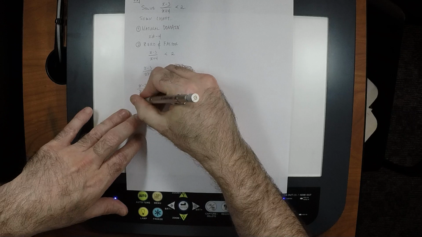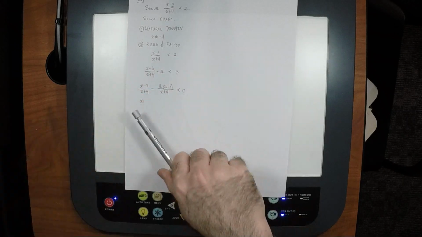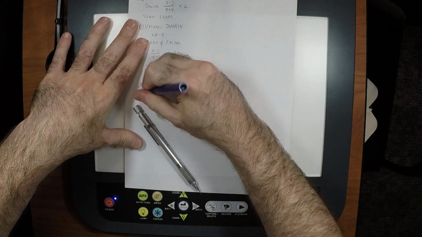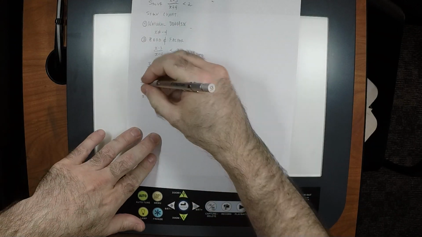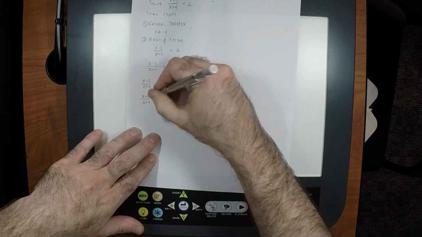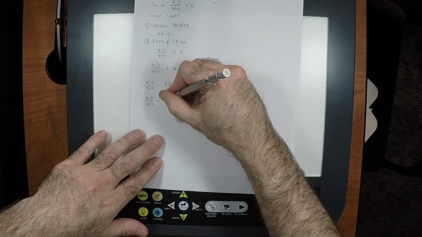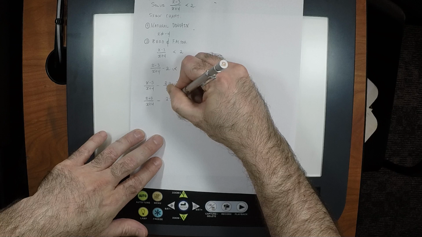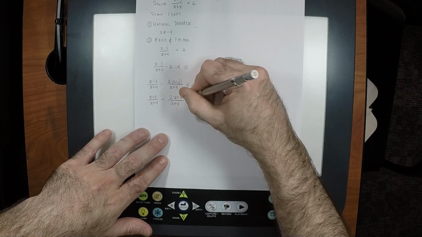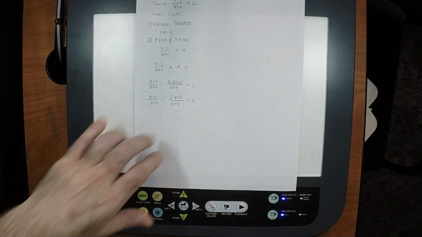So then x minus 3 over x plus 4, subtract 2x plus 8 over x plus 4 less than 0.